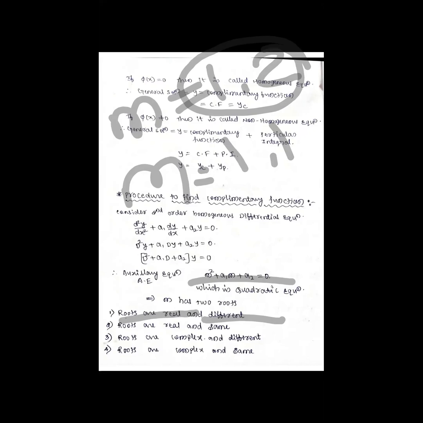I'm just taking an example. You may get anything. M equal to 1, 1 you are getting. See, the roots are real here, but they are same. See, it matches the second one. So the first one is 1, 2: roots are real, but they are different. The second one is roots are real, but they are same. The third one is roots are complex, different.